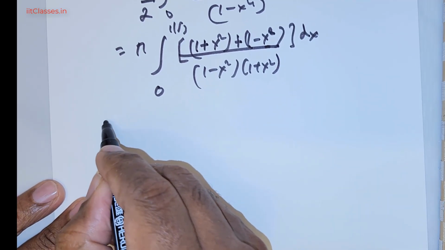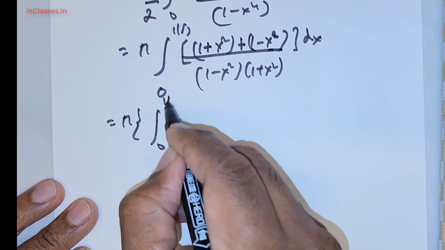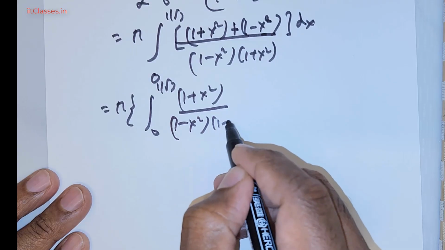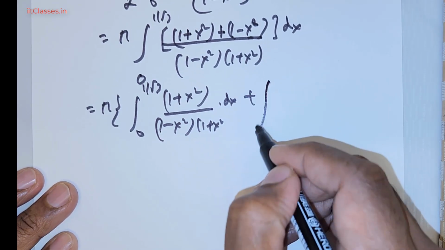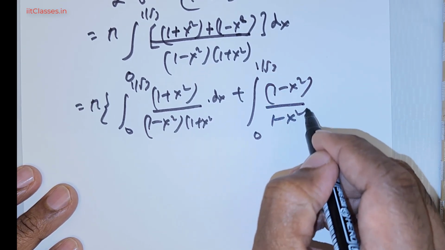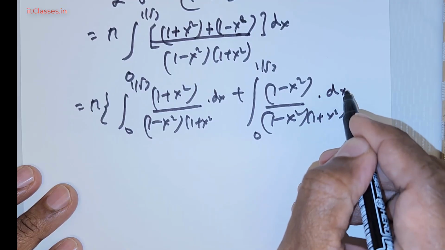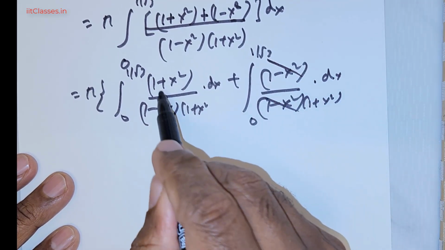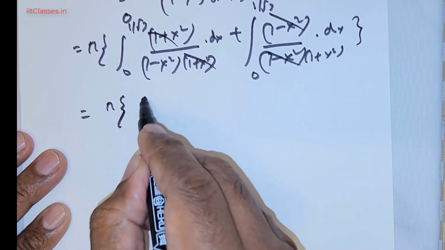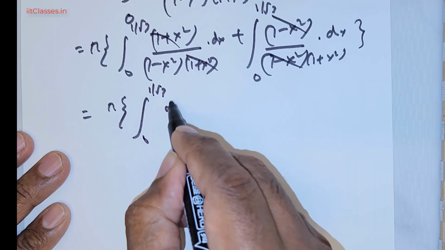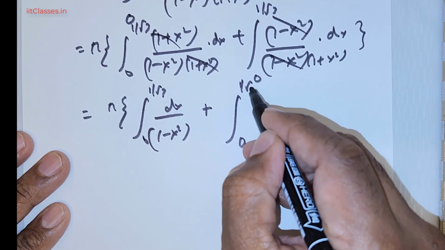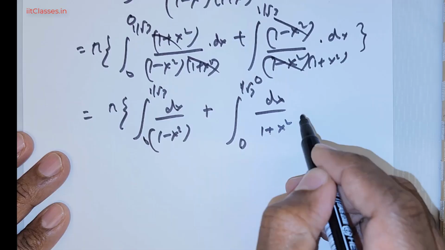So this is equal to pi times integral from 0 to 1 over root 3 of 1 plus x squared divided by 1 minus x squared times 1 plus x squared times dx, plus integral from 0 to 1 over root 3 of 1 minus x squared divided by 1 minus x squared times 1 plus x squared times dx. The common factors cancel, giving me pi times integral from 0 to 1 over root 3 of dx divided by 1 minus x squared, followed by integral from 0 to 1 over root 3 of dx divided by 1 plus x squared.